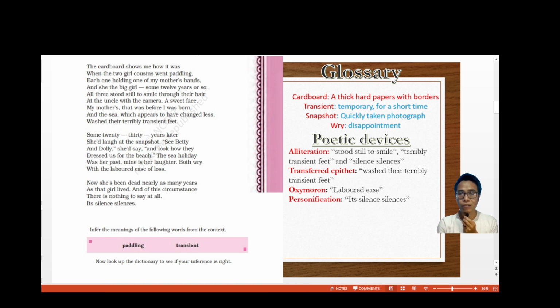The meaning is thick hard paper with borders. Transient means temporary, for a short period of time. A snapshot is a quickly taken photograph, and rise, disappointment here. All of these are there in the poem, so you will come to know in detail. Today I'm not going to go line by line in this poem, but I'm going to briefly summarize the poem.